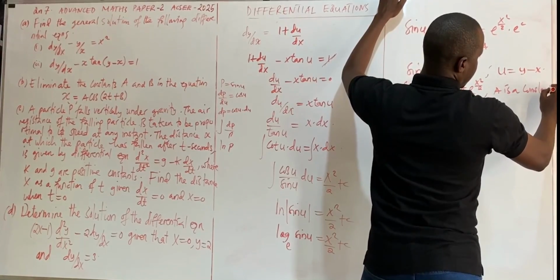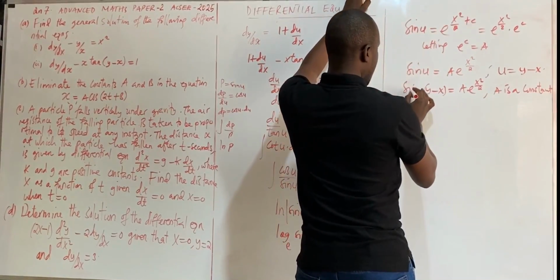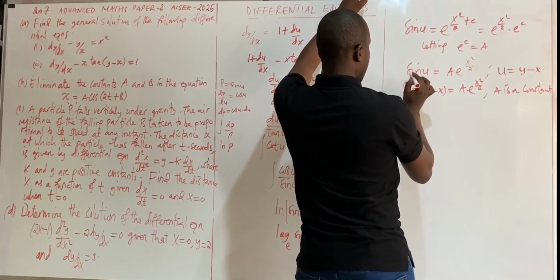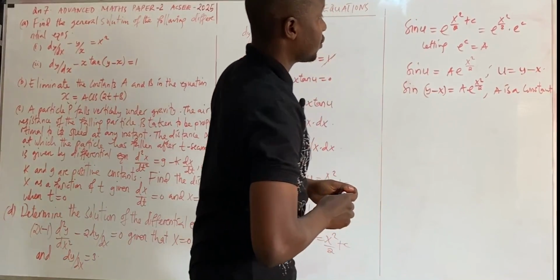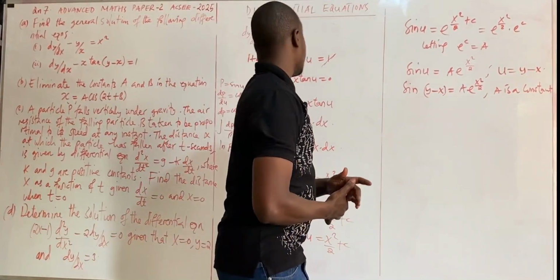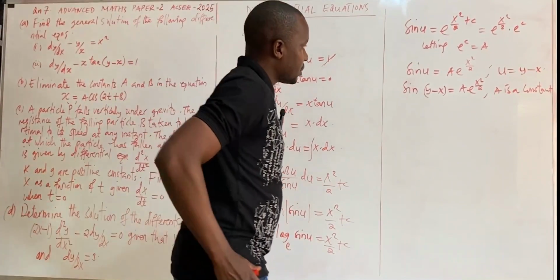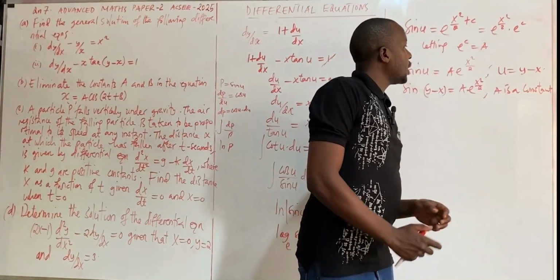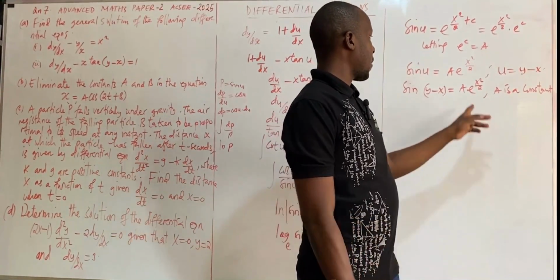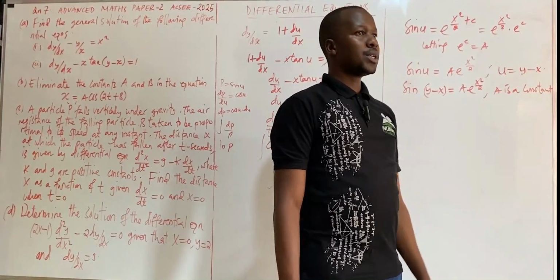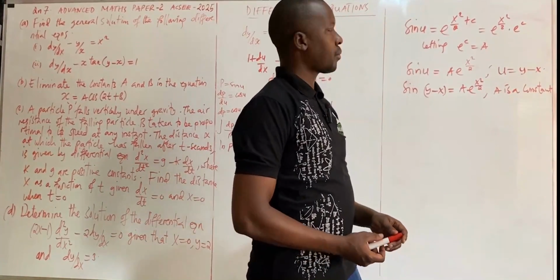Up to this point, we have found the general solution for the differential equation, this Roman 2. So it is sin(y minus x) equals a e raised to x squared over 2, where a is a constant equal to e raised to c.